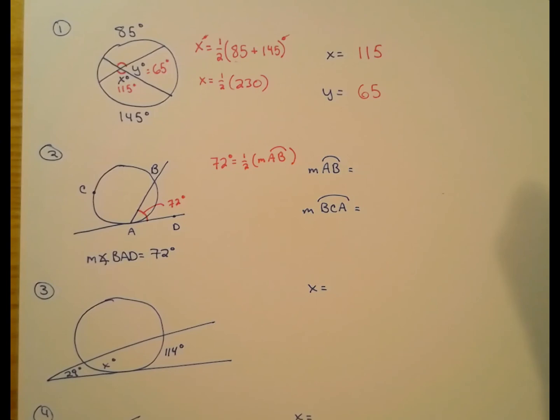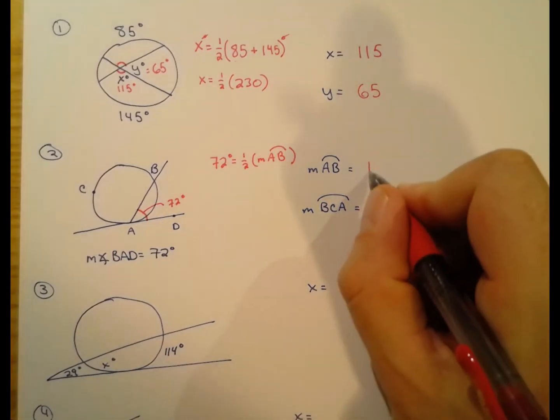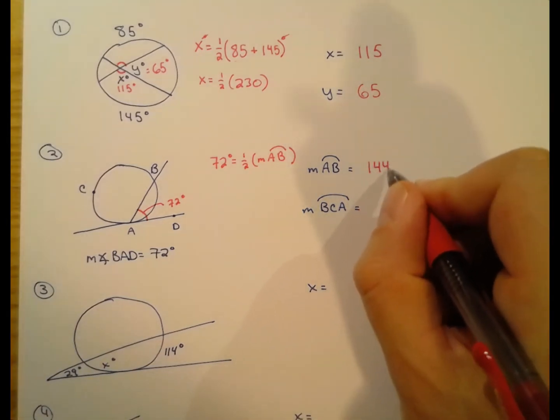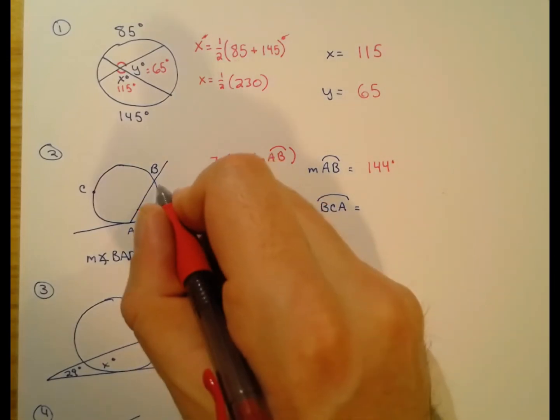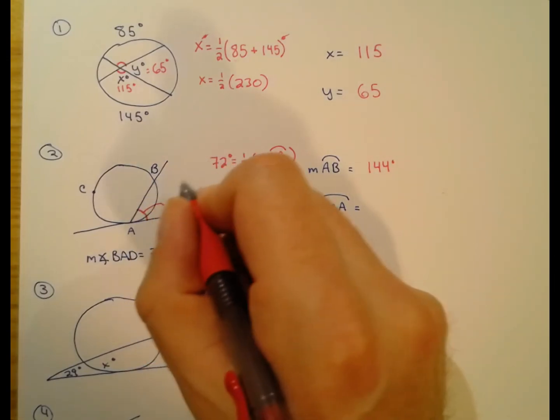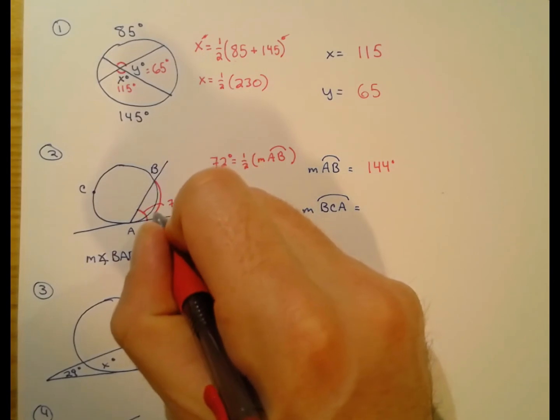So we'll just multiply that angle by 2 to get the intercepted arc is 144 degrees. Now there's 2 ways that you can go about solving this problem here for the other half.